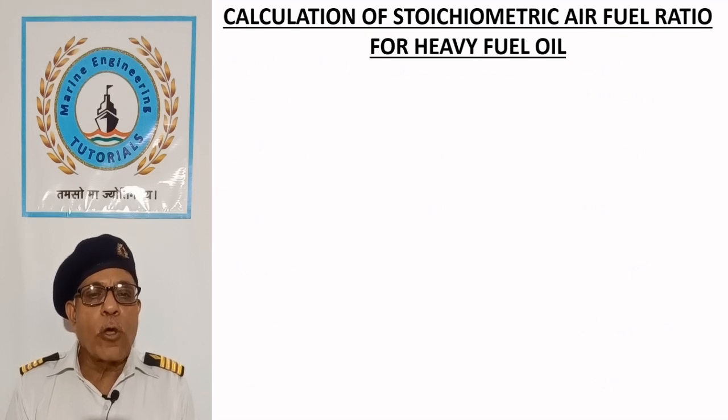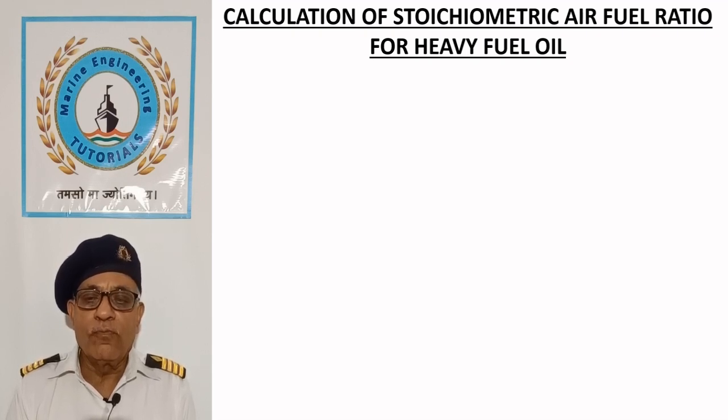Calculation of stoichiometric air-fuel ratio for heavy fuel oil. The stoichiometric air-fuel ratio is the ratio that gives the amount of air required for complete combustion of a unit amount of fuel.